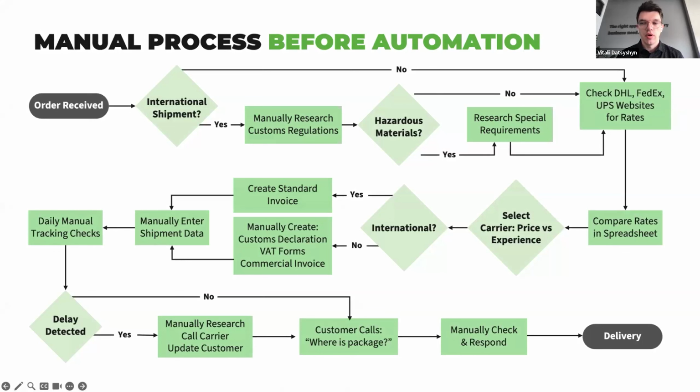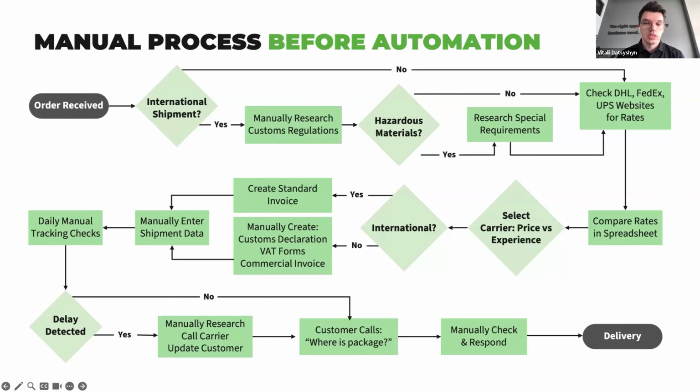Now let's focus on the order process and the shipment process, how it was before we started automating it. This process involved a lot of manual work. As shown on this diagram, depending on whether it's an international shipment or not, it required additional research for custom regulations and requirements. Then manual checks of carriers' websites like DHL, FedEx, and UPS for additional information.